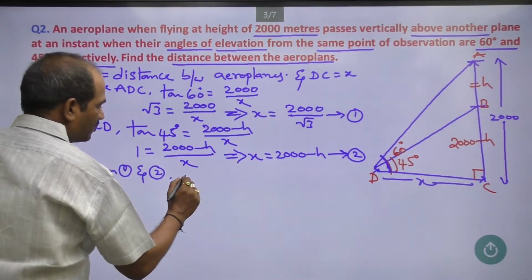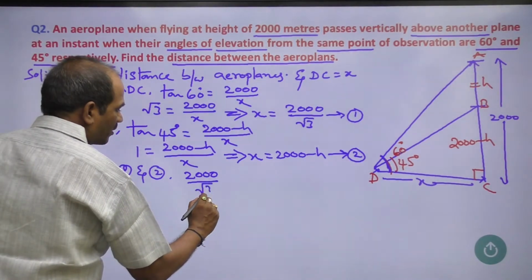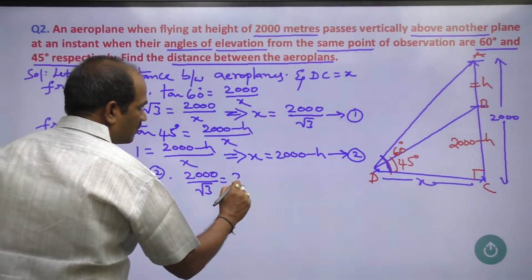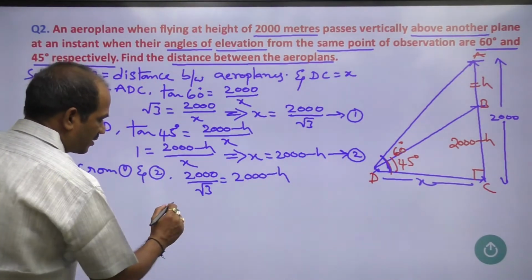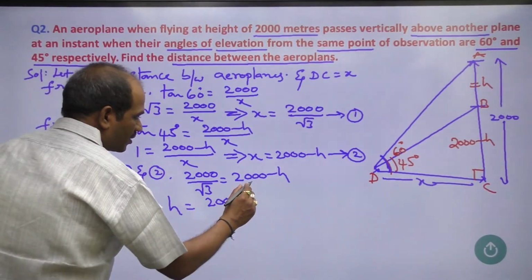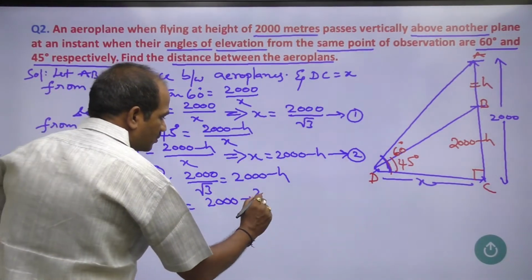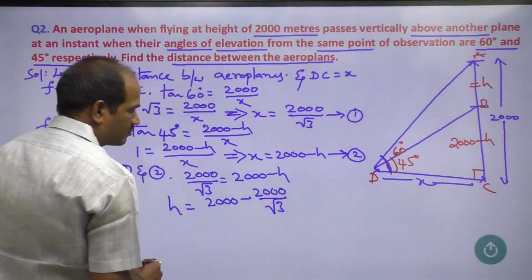So here in this value, 2000 by root 3 is equal to 2000 minus h. Taking this side, h is equal to 2000 minus 2000 by root 3.